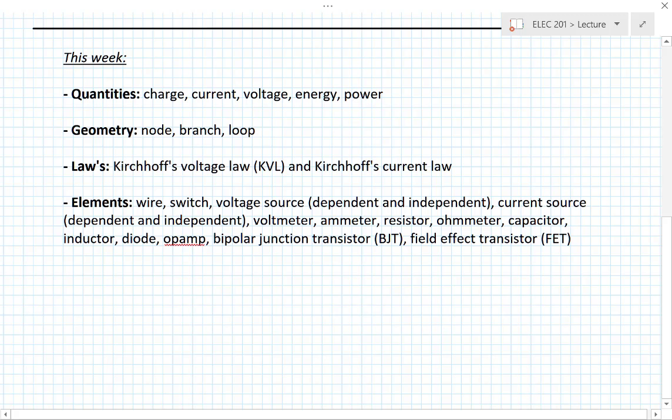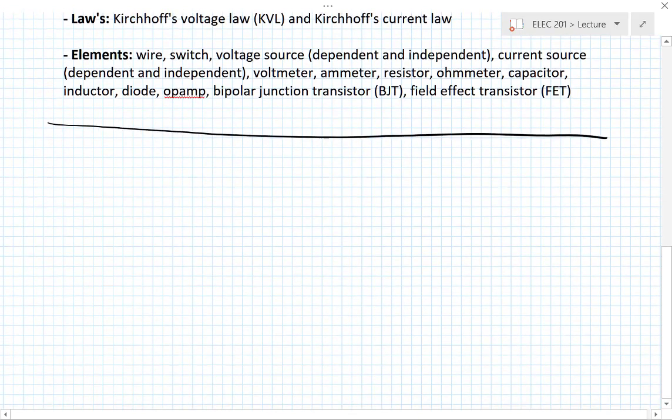We are not going to be doing much with them in the next few weeks, but I'll give a very quick and brief introduction to them when we get there on this plan, so that we are clear on the notion that they are not fundamentally any different from the other elements as far as their treatment in circuits goes. So you don't really need new circuit level knowledge. You just need to understand how each device works. OK? So with that said, let's start with talking about the quantities.